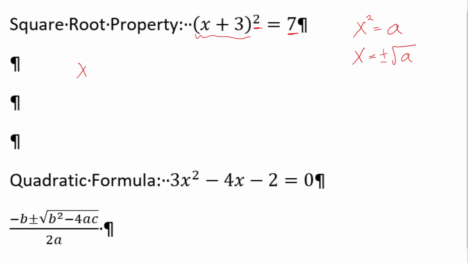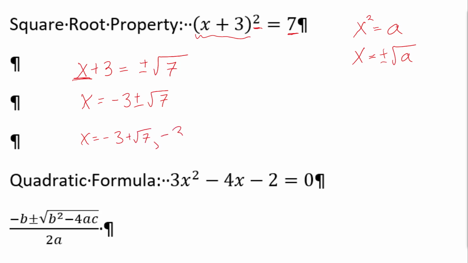And what that means is that x plus 3 must equal either positive or negative square root of 7. And at this point, I'm still trying to get my x by itself, so I will subtract 3 from both sides, and I get x equals -3 plus or minus the square root of 7. This is two answers. If we needed to write them without the plus or minus, we could say x equals -3 plus the square root of 7, and x equals -3 minus the square root of 7.